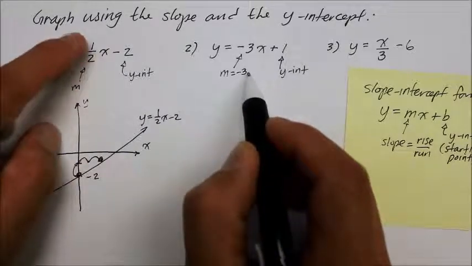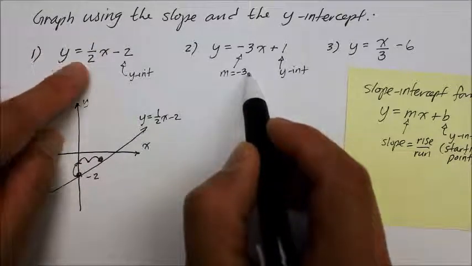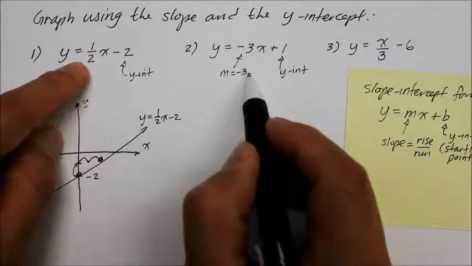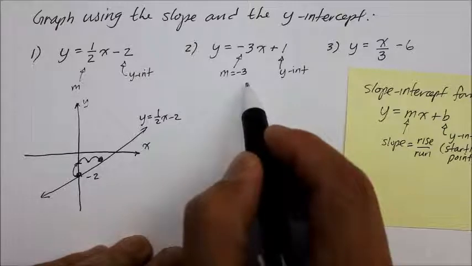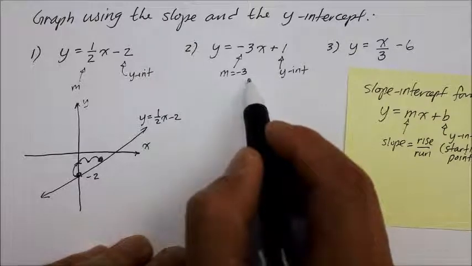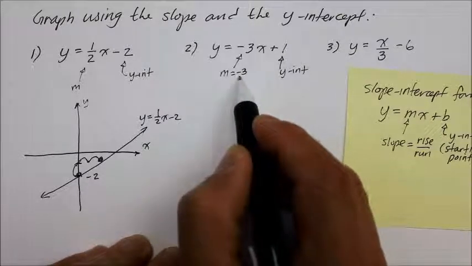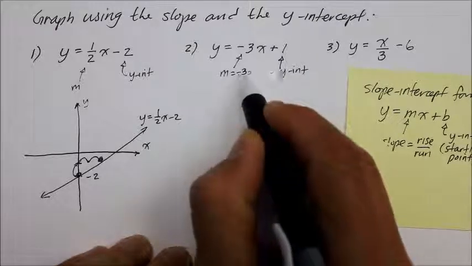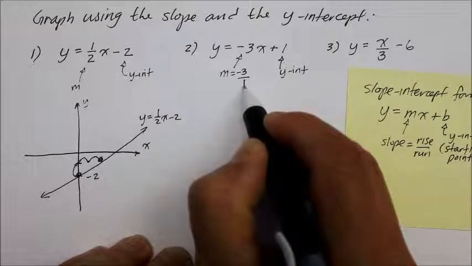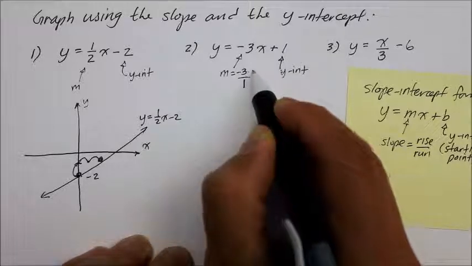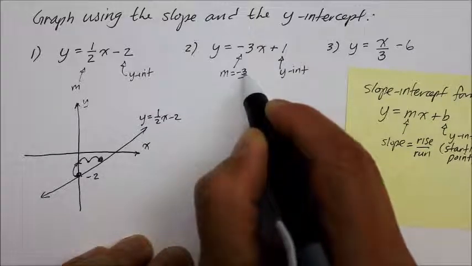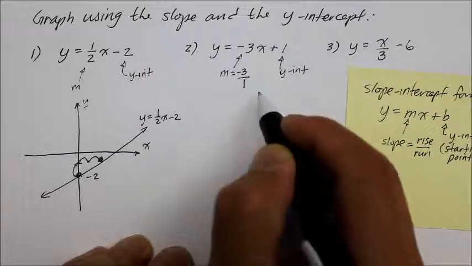Here, the rise was 1 and the denominator, the run, was 2. Where's the top and the bottom? Remember back in elementary school, your teachers might have explained that a whole number like -3 can be written as -3 over 1, the invisible factor 1. So that's your rise over run, and the rise is negative this time. Even though it says rise, a negative rise means it's going to go down.